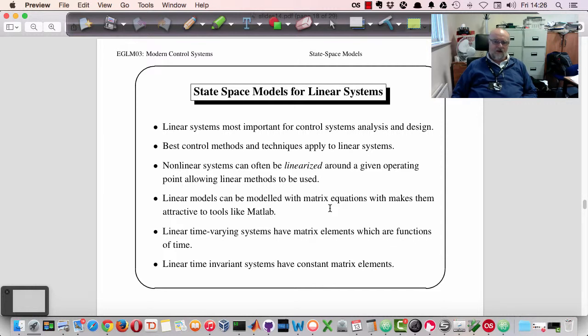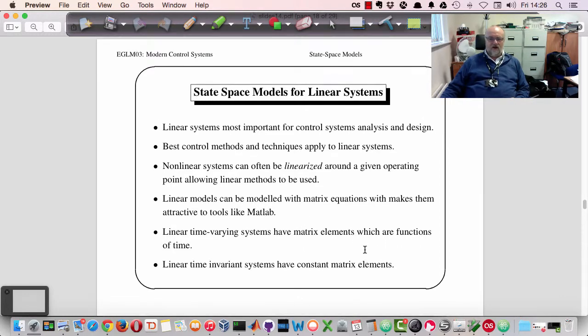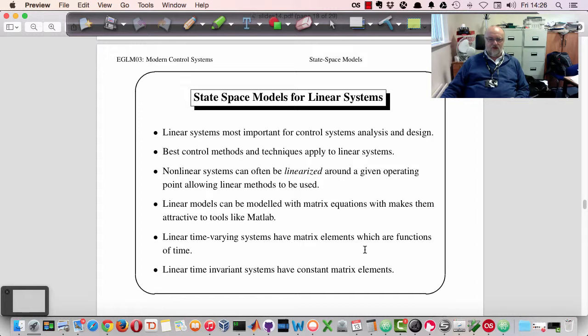It's basically looking for equations of motion around an operating point. We can use linear models in matrix equations, so they can go into Matlab and sophisticated algorithms can be developed. Linear time varying systems have matrix elements which are functions of time, but we can also cope with those. Time invariant systems have constant matrix elements.